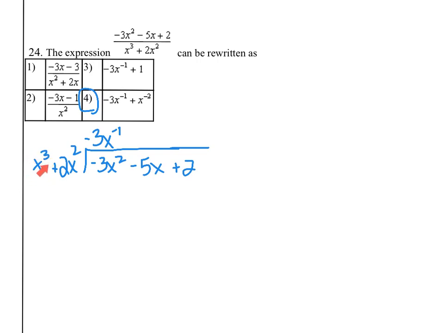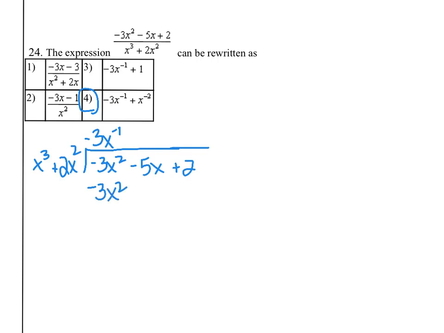And then x cubed times x to the negative first. Remember, when you're multiplying, if you have the same base, you add these exponents. So 3 plus a negative 1 gives me a positive 2. So that works out for us. Okay? All right. So that's going to give me negative 3x squared.